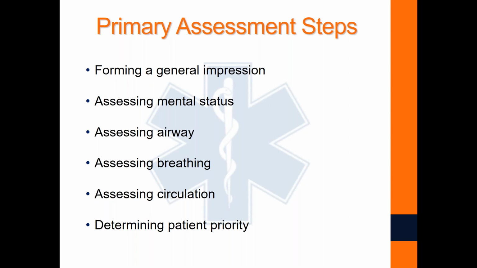So here's where we get into a bit of the muddy water between what we're going to do in the field and what we're going to do here in class. In class, when you are performing an assessment, every single patient that you come into contact with here is going to receive high flow oxygen at 15 liters per minute with a non-rebreather mask, because that is what the state expects of you.